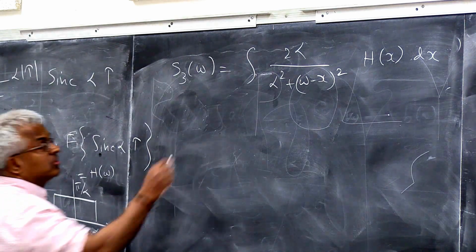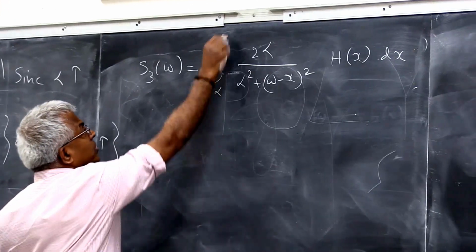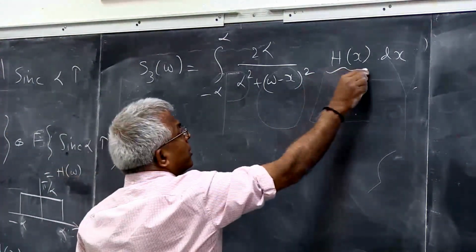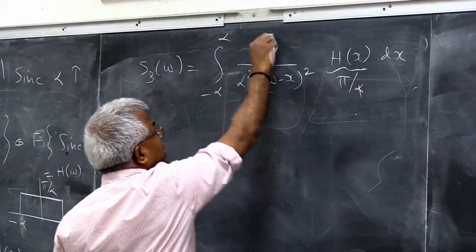All right, so h of x is going to go from minus alpha to alpha, right? That's h of x. So this is simply pi over alpha. So alpha cancels.